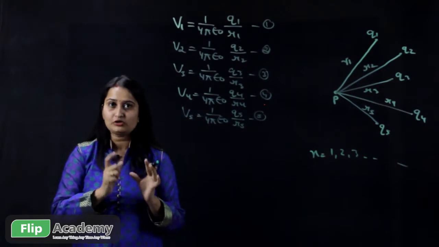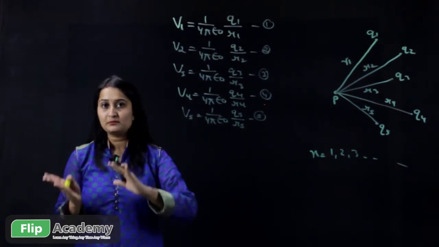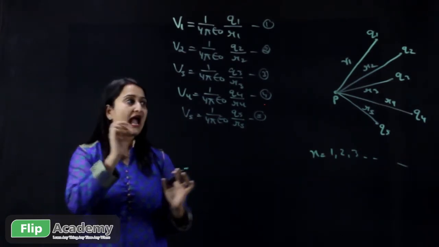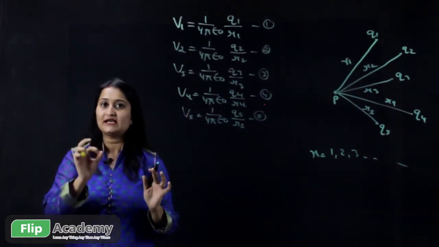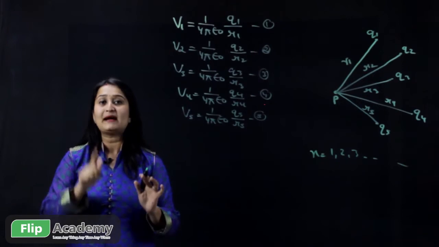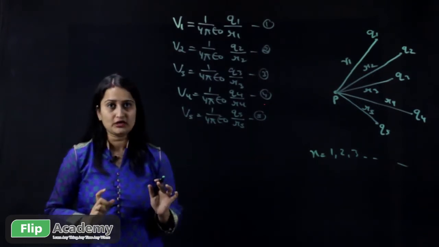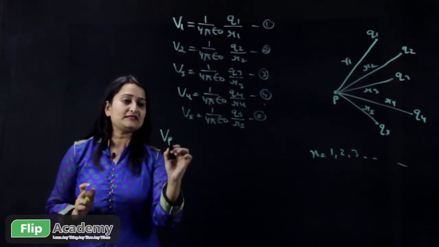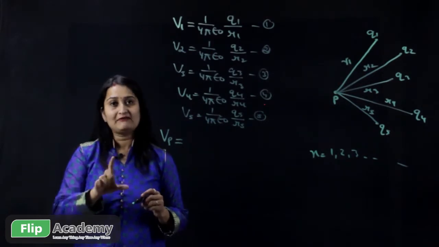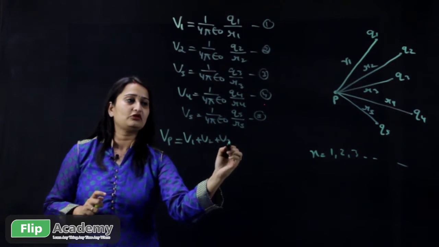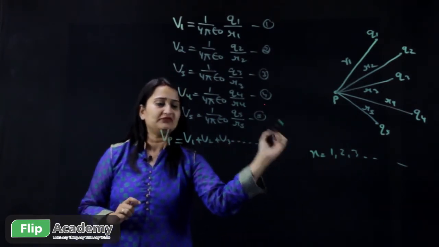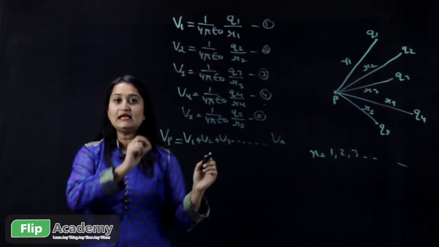If I apply the superposition principle, at point P I need to add all the electrostatic potentials created by the individual charges. So the total potential at point P becomes V1 plus V2 plus V3 and so on till Vn. Here Vn is V5.